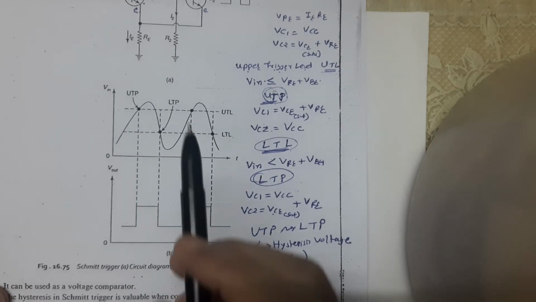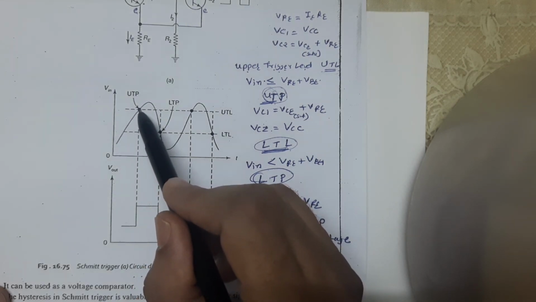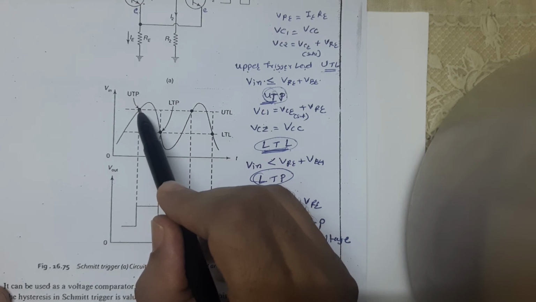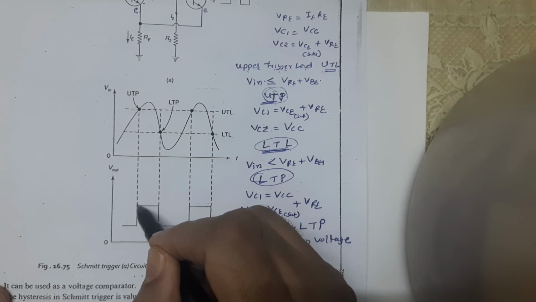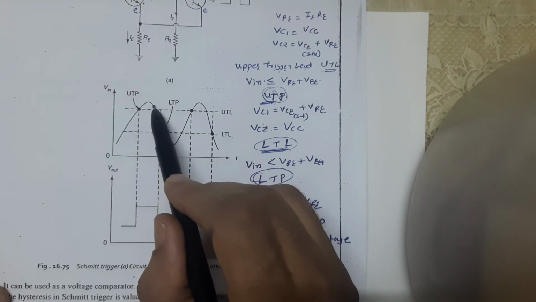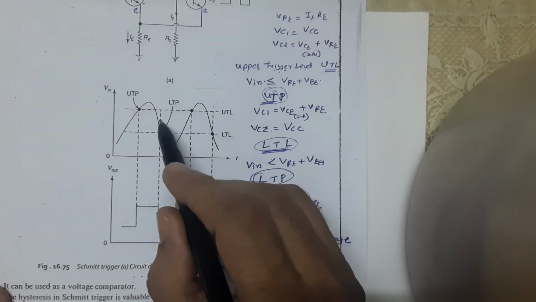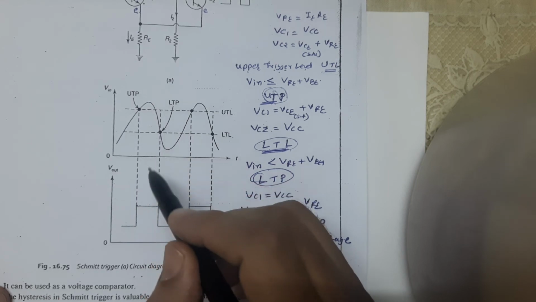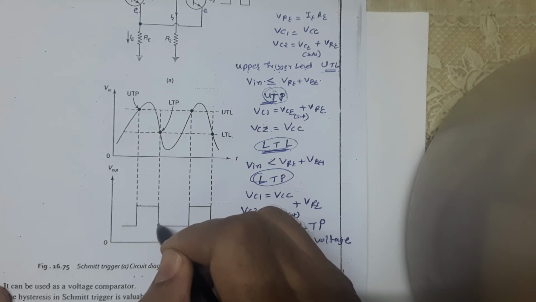In terms of waveform, we can see that this is our input. When it reaches the UTP, upper trigger level, at that time we are getting at the output the switched on state, that means we are getting the maximum value. After the UTP, in between, it remains constant, and we are getting this shape of the square wave, and it remains there until the LTP, that means it reaches not zero, but some value which is known as LTP.